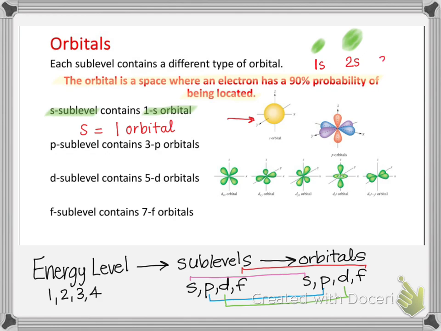And if I was in the third level, but I was an s, my orbital would be even bigger. So more than one level can have an s orbital because all of the levels have an s sublevel. And how they're different, they're all the same shape, they're all a sphere, but the farther away you get from the nucleus, the bigger those spheres become.